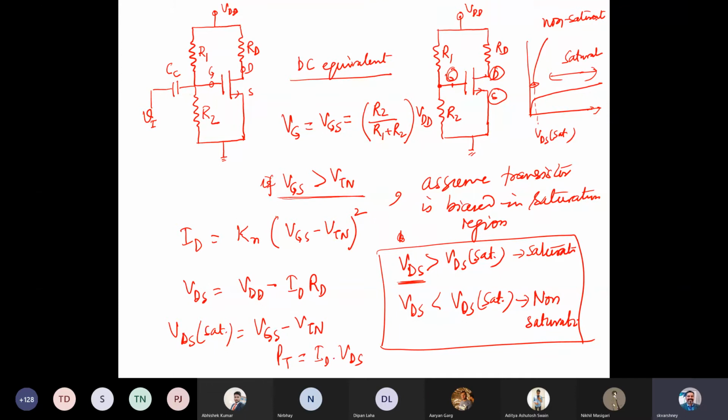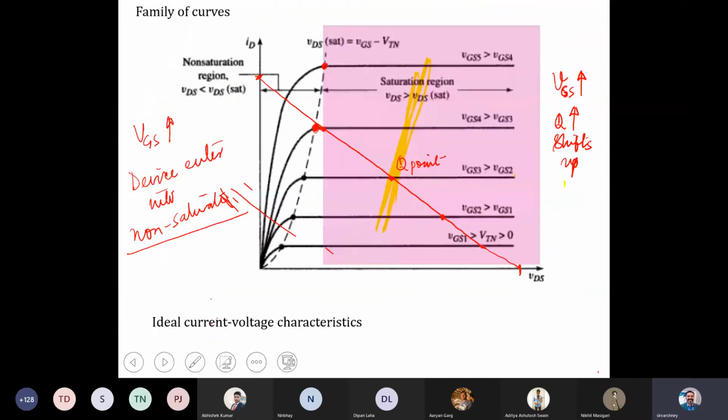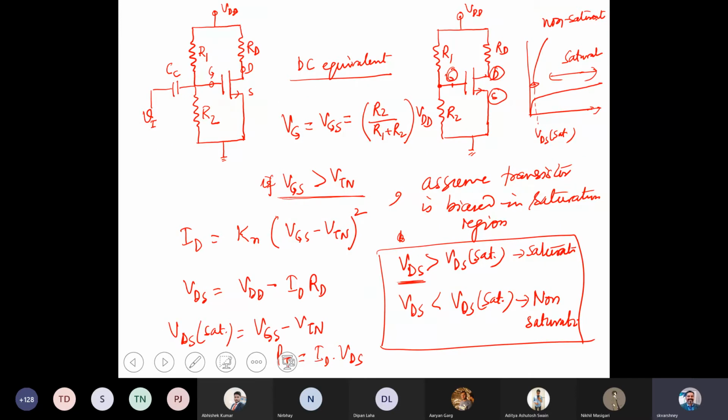All right, now as I was saying for the previous one, how we are going to find out these transition parameters. Let's look at this example where VDD is known.